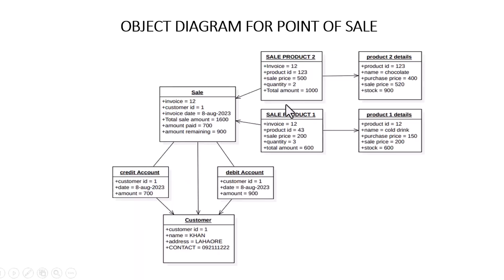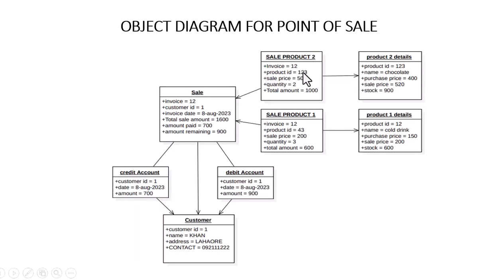And these two objects depend on the sale. So first we have to create a sale with invoice number 12, and with the invoice number, these two are linked, and the product details are here. These are two other objects that belong to the product class. So this is actually the product class objects, and these are the sale detail class objects.